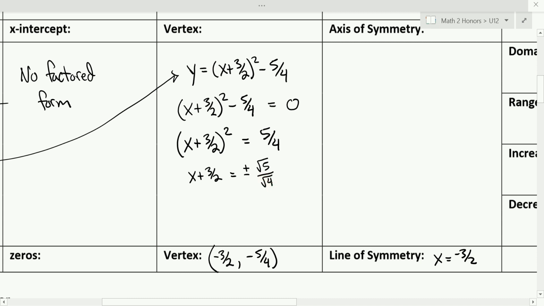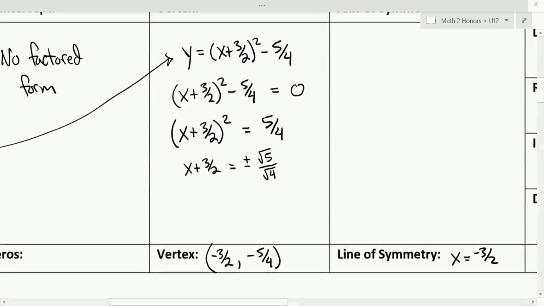So I've taken the square root of both sides of that equation. Last step, I want to get x by itself, so I'm going to subtract 3 over 2, and I get x is equal to negative 3 over 2 plus or minus the square root of 5 over, I know the square root of 4 is 2, so I'm going to change that to a 2.